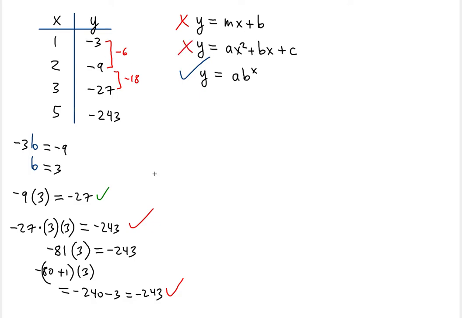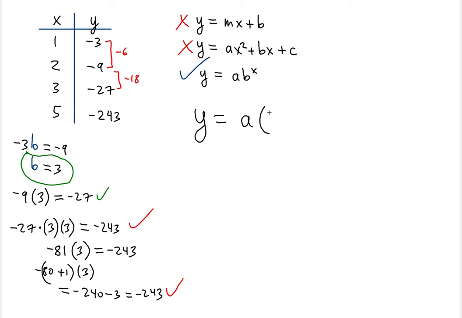Okay, so now that it's exponential, let's find the values of b and a. Well, we already found the b value, which was 3. That's good. Right? So now let's find the a value, and then we'll successfully find the complete exponential equation. So let's test the first ordered pair to find the value of a. So we're looking at this equation, y is equal to a b to the x, right?